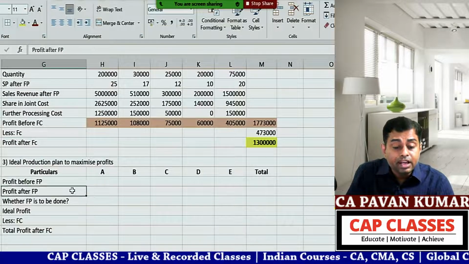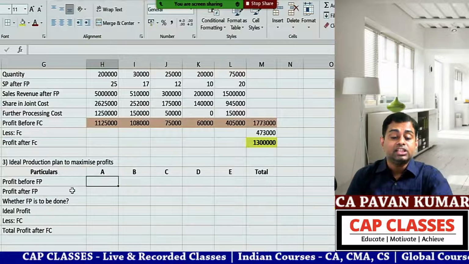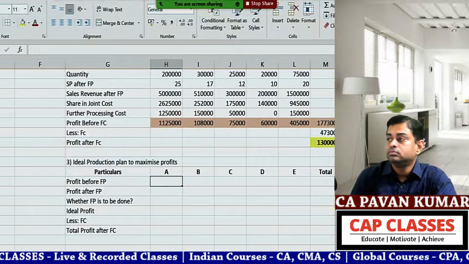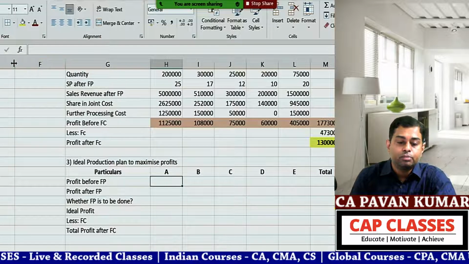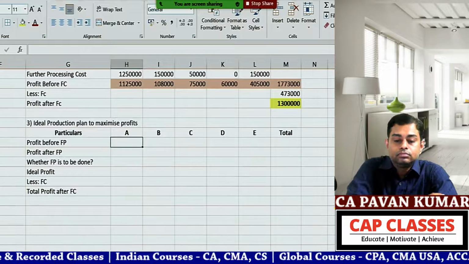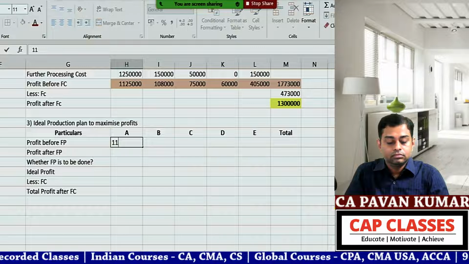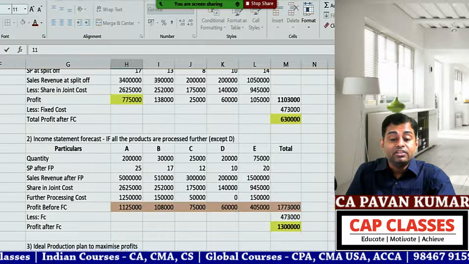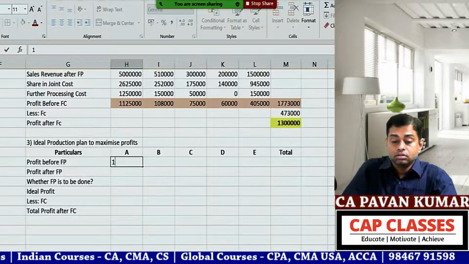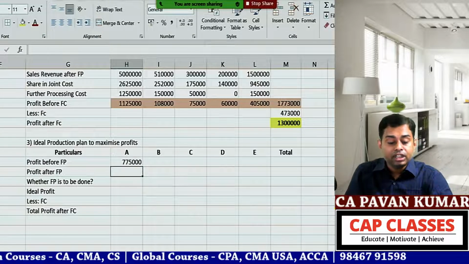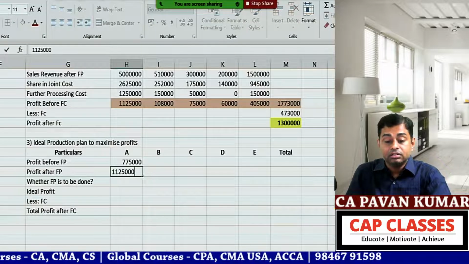Now tell me, what is the profit before further processing for product A? Before further processing 7,75,000, no? After further processing, it is 11,25,000, isn't it?